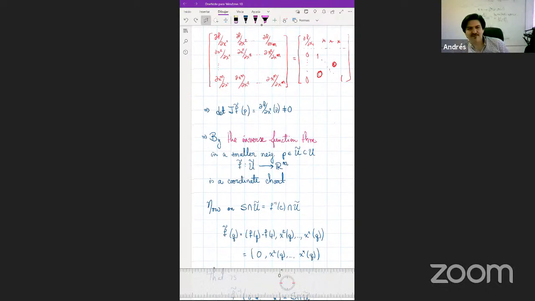Zero and whatever for any Q on that point. And that's exactly the condition that is required for S to be a regular submanifold.